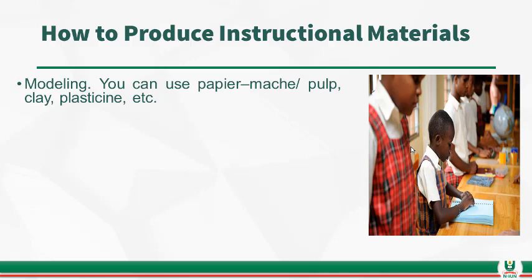At times our teacher gives us an assignment to produce a particular object, and we make use of papier-mâché. Papier-mâché is the use of paper with starch, or with something that can put them together, and then we can use clay and we can use POP for modeling materials. So it's a skill that can help to improvise for particular instructional materials for better understanding in the classroom.